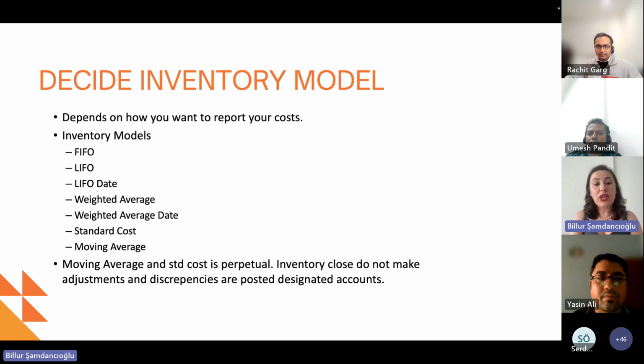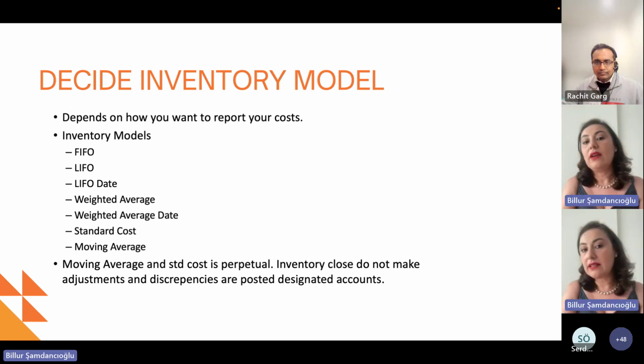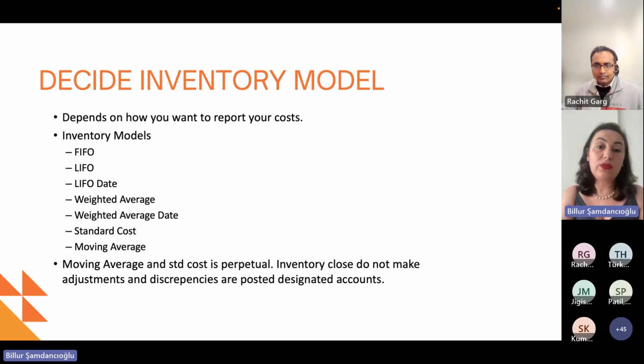So when you check out, if you want to change anything in the end, I would offer to discuss this with your customers the first time. From these inventory models, moving average and standard cost is perpetual.